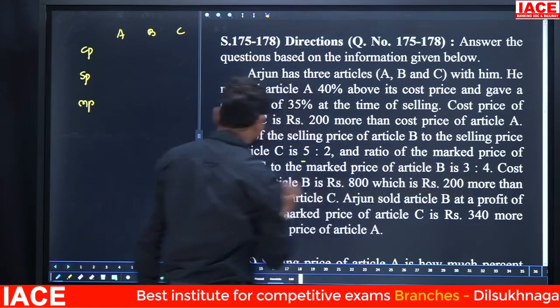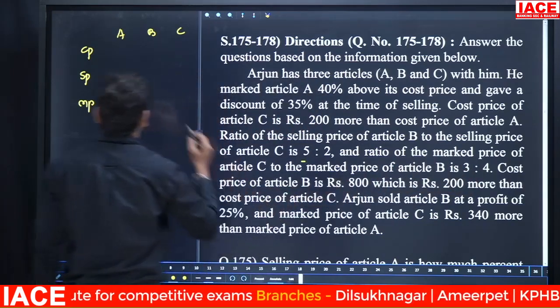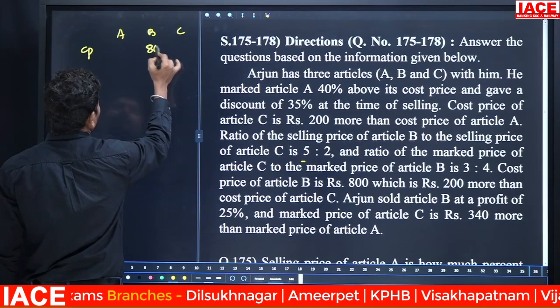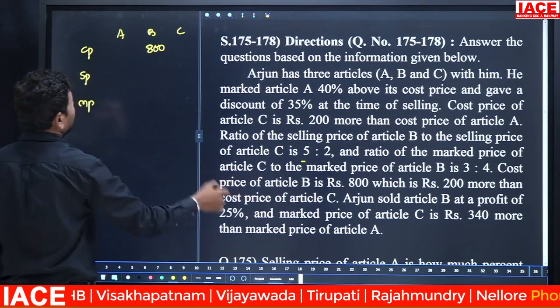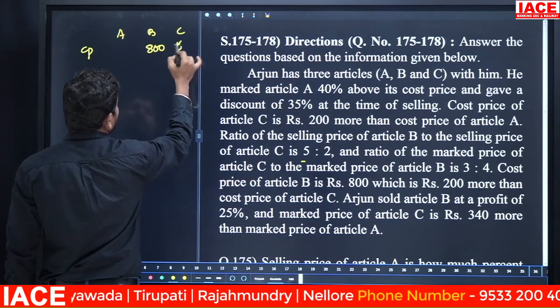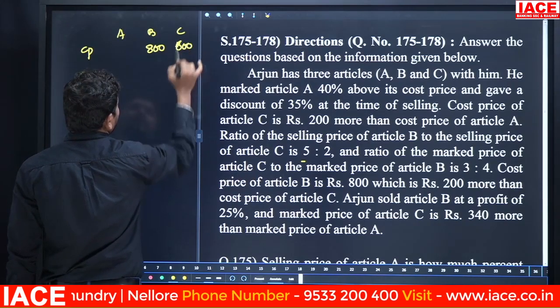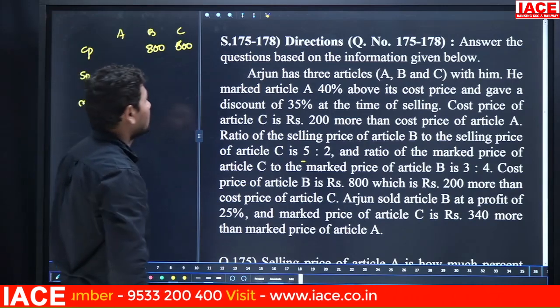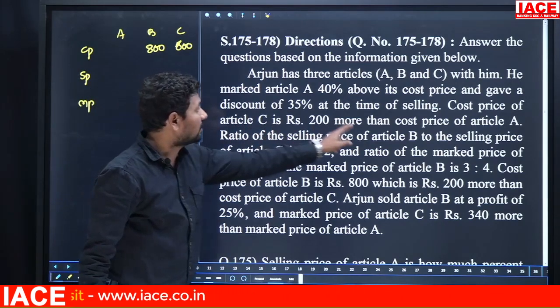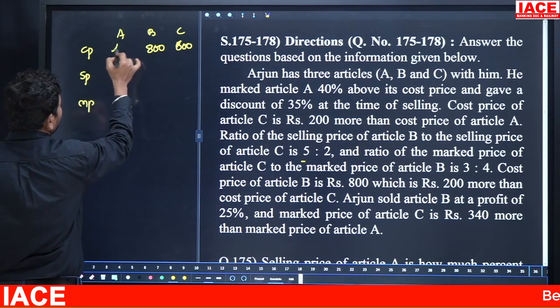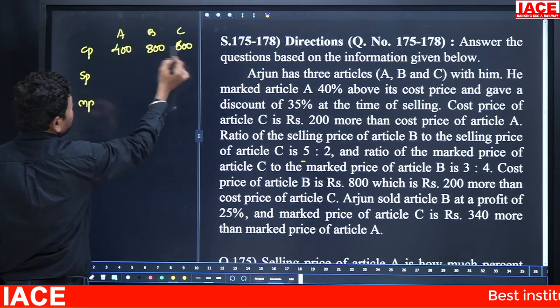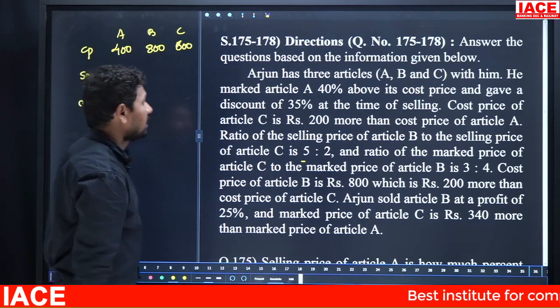Cost price of article B is how many rupees? 800, which is 200 rupees more than the cost price of article C. That means the cost price of article C is how many rupees? 600. And next, cost price of article C is 200 rupees more than the cost price of article A. That means the cost price of article A is how many rupees? 400 rupees. So 400, 600, 800 clearly.